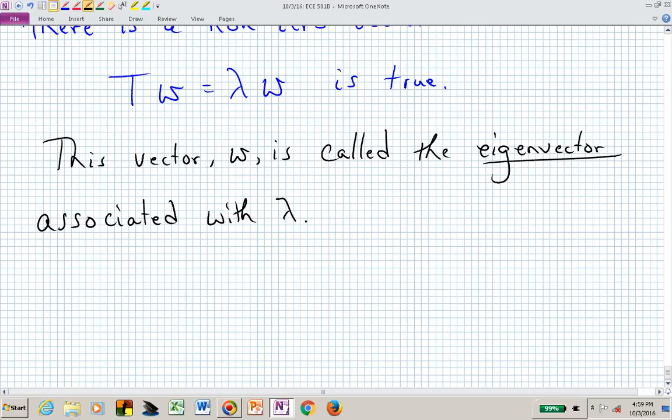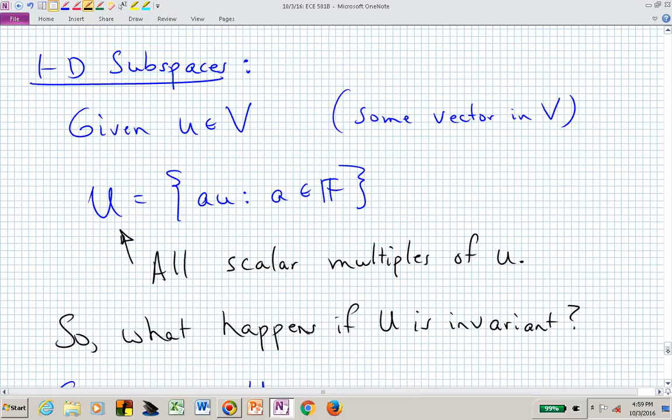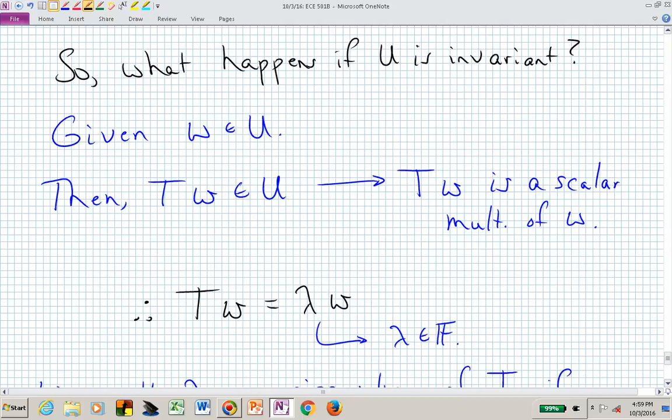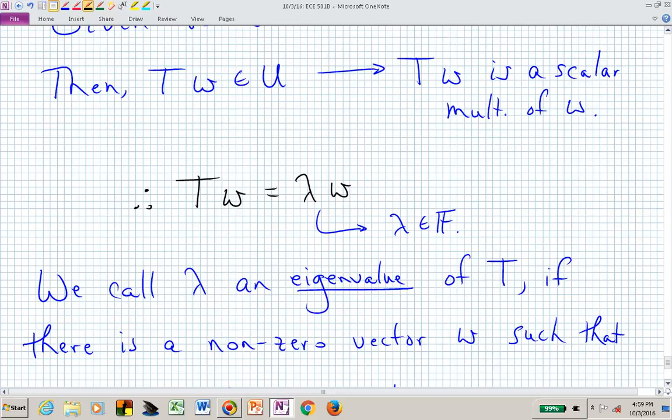Question? w is a vector that's in this subspace U, where U is a subspace in V. And we're just now saying that suppose U is invariant, and we pick a w that's in that U, then that says that if we start in U, we stay in U relative to this linear map T. And if that's the case, and U, by definition, was a scalar multiple of one vector little u, then we know that Tw is in fact equal to lambda w.